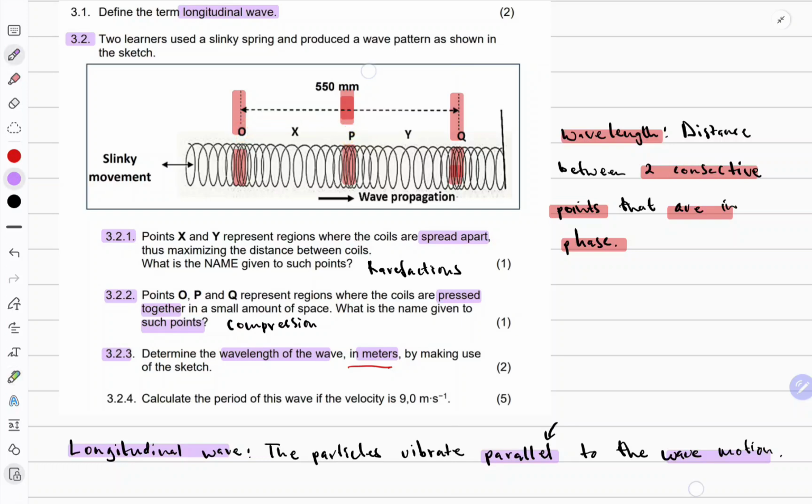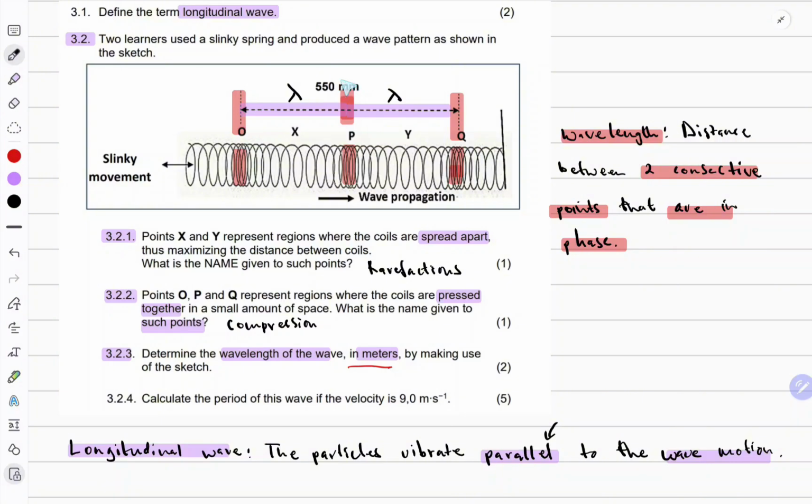So this distance here would be your wavelength. And similarly, P and Q are consecutive points that are in phase, because P and Q are of course compressions. So this distance here is another wavelength.